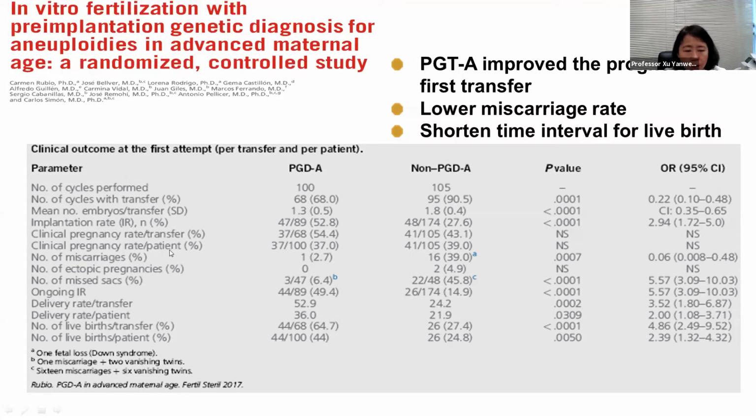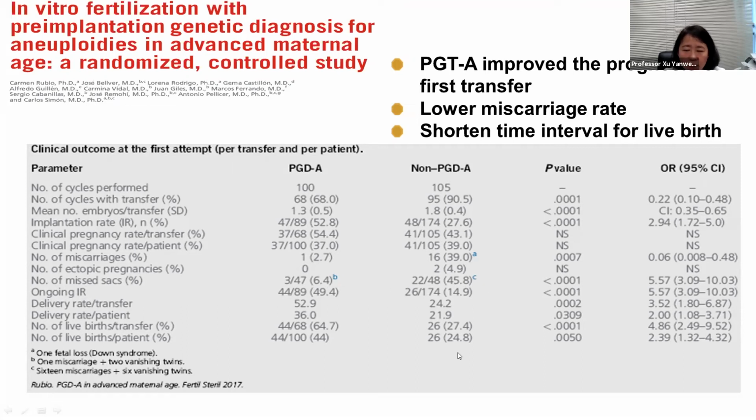And here's the clinical pregnancy rate per transfer, and the implantation rate here is 52.8%. With no PGT-A it is 27.6%. It's a significant improvement in the implantation rate. And for the miscarriage rates, here the miscarriage rates are 60.54% and 45.8%.